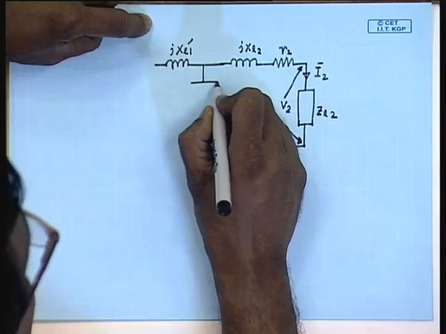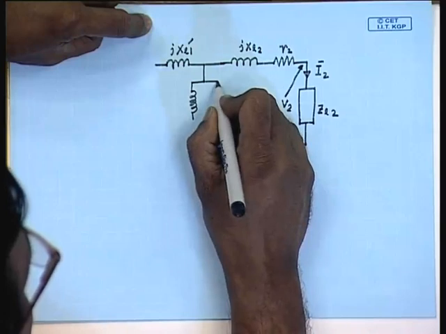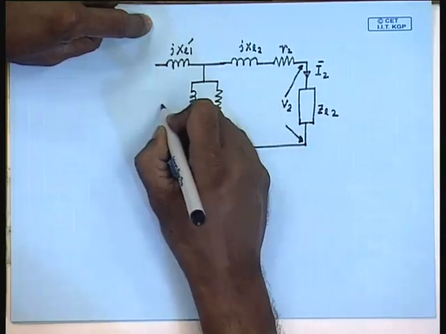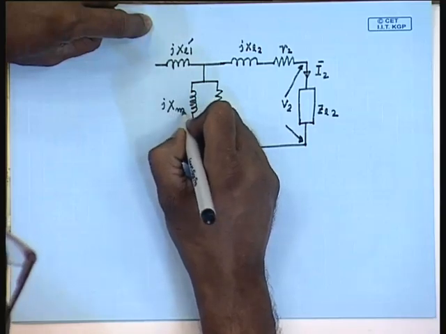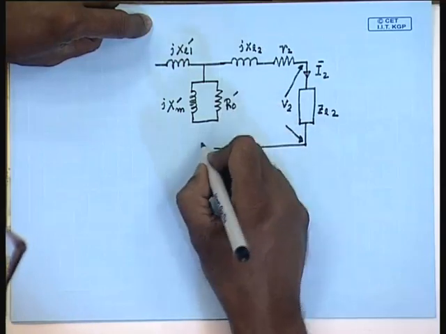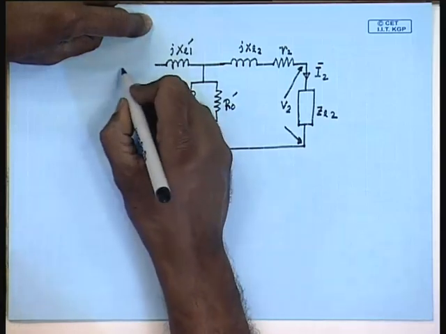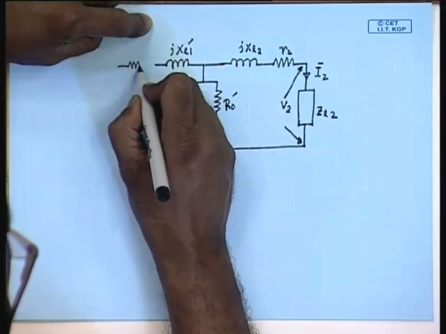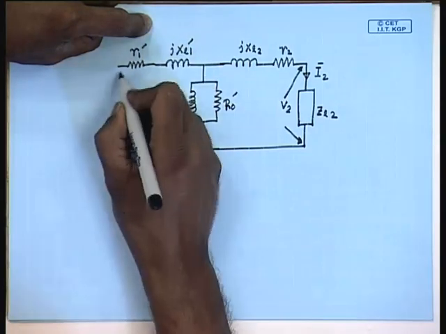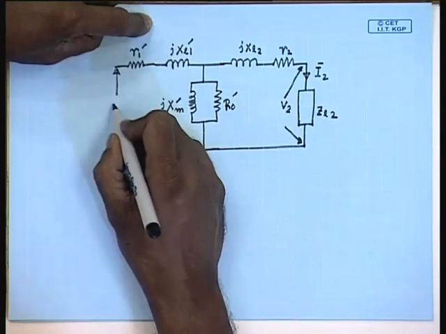A shunt branch consisting of a shunt reactor jXm dash and R0 dash, and a series resistance R1 dash connected to a source V1 dash.